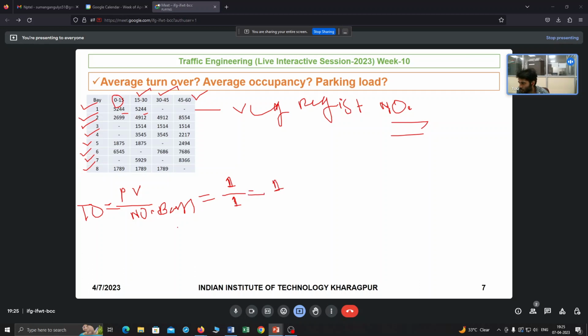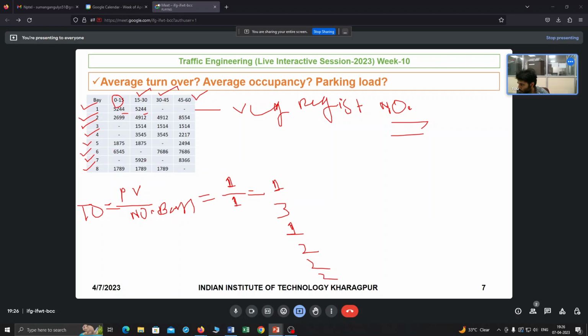For the second one, what is the turnover? 1, 2, 3 vehicles. So it is 3. For bay 3 it is 1. For bay 4 it is 2. For bay 5 it is 2. For bay 6 it is 2.